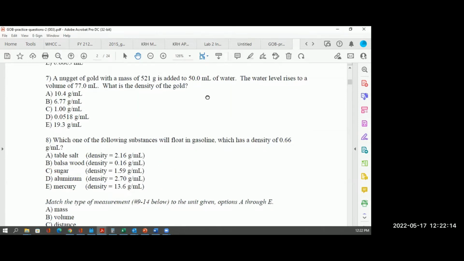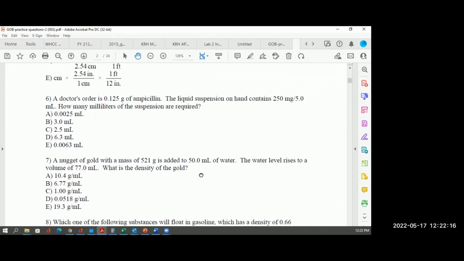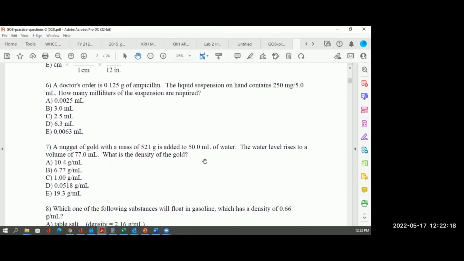Okay, so a doctor orders 0.125 grams of ampicillin. The liquid suspension on hand contains 250 milligrams per milliliter. How many milliliters of suspension are required?